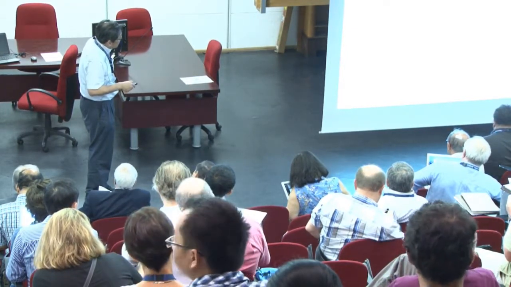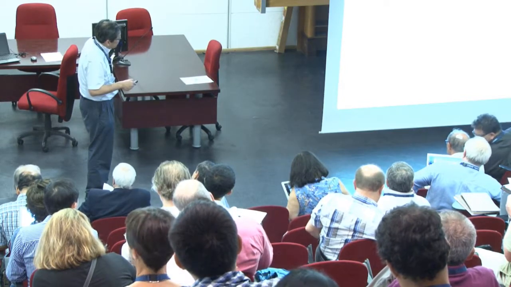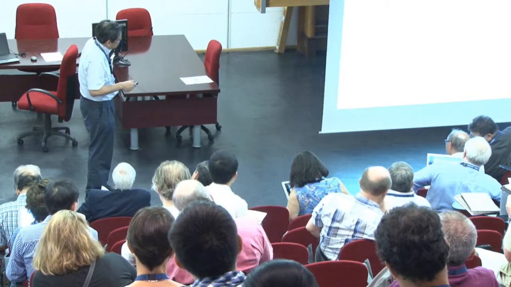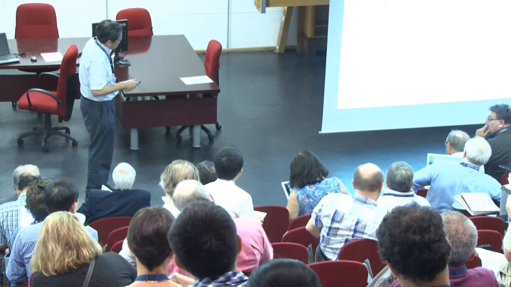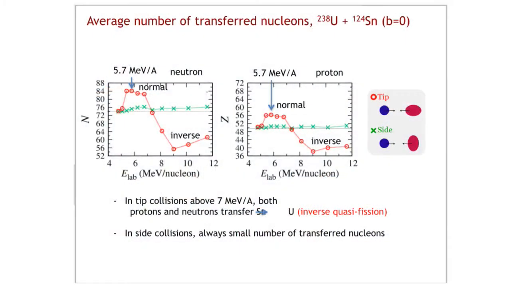The 5.7 MeV, where the experimental analysis was made, is here. At this energy, protons and neutrons are both transferred in the normal direction. Normal means the mass equilibrium direction. And also the number of nucleon exchanges is very small for the side collision, the green one.